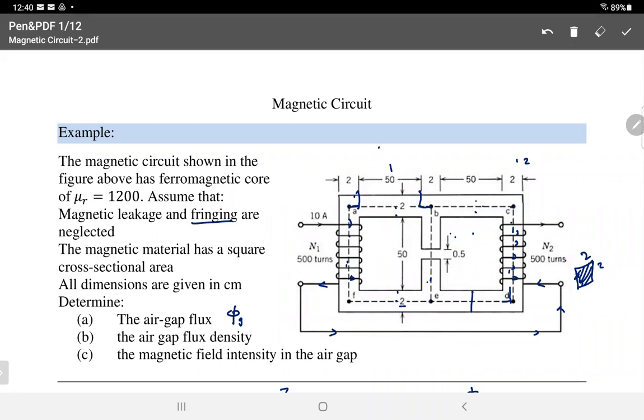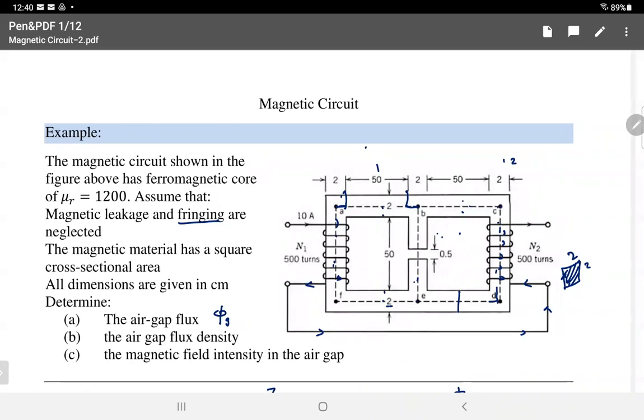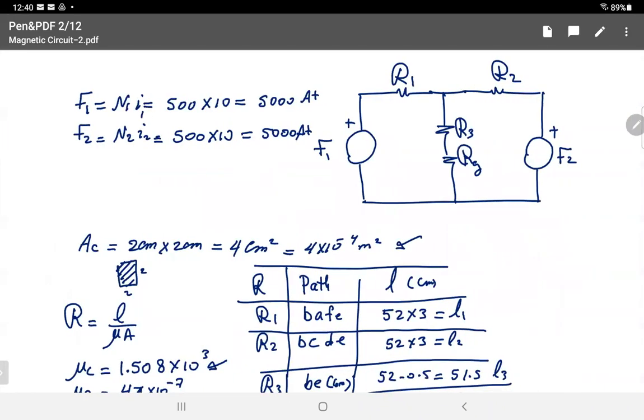So I have to think about how I can find flux. I just solve the magnetic circuit. You have here phi 1, and you have here phi 2, and then in the middle will be phi 1 plus phi 2 in the middle branch. Look at it as current. So you just solve the circuit.